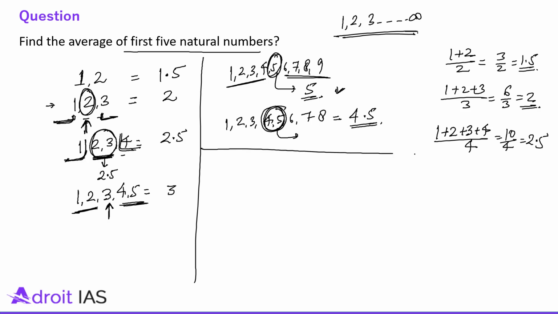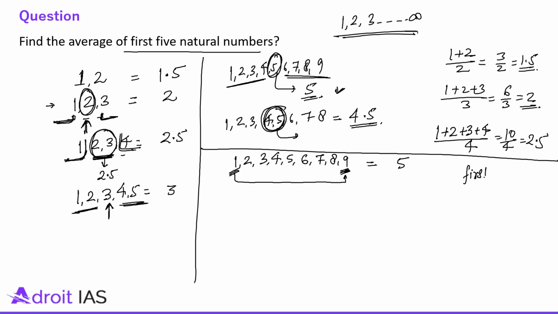Suppose 1, 2, 3, 4, 5, 6, 7, 8, 9. If we talk about the first 9 natural numbers, then the average is 5. And here the average of the first term and last term is also 5. Just observe: 1 plus 9 divided by 2, the average of the first term and last term, is also 5.